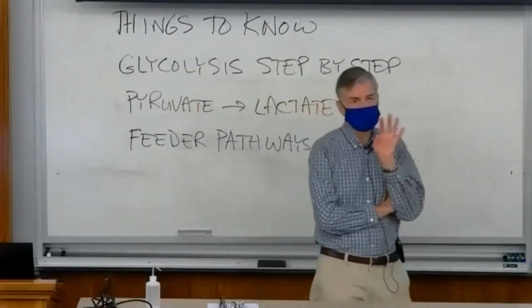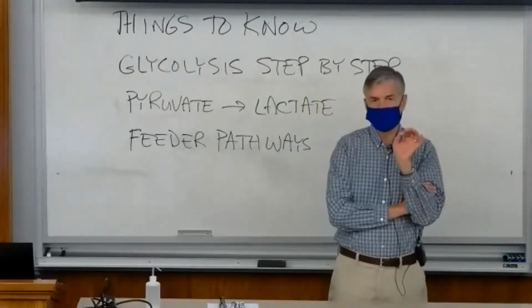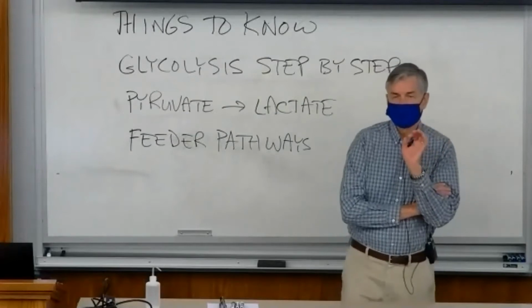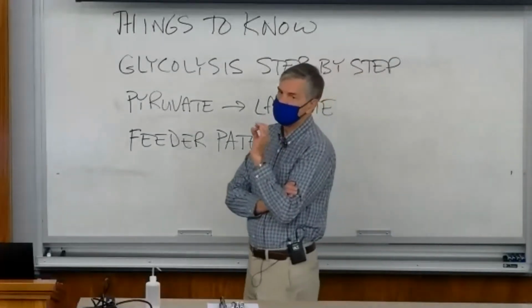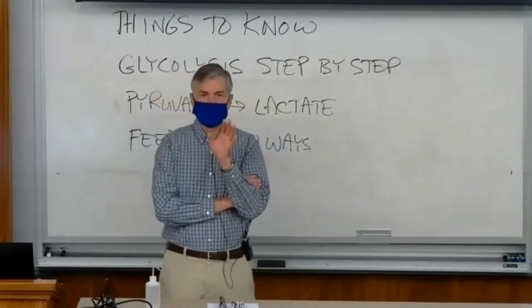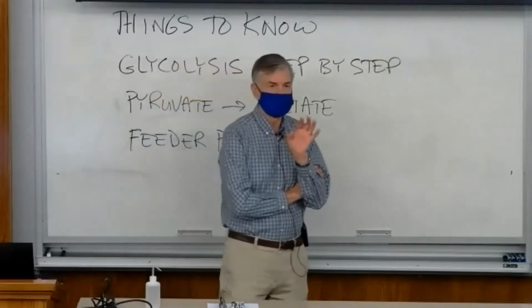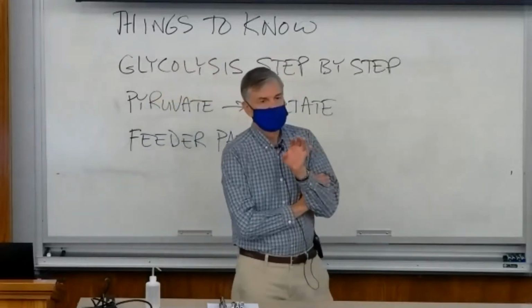The 2 products of the aldolase reaction are dihydroxyacetone phosphate and glyceraldehyde 3-phosphate. In the balance of glycolysis, only the glyceraldehyde 3-phosphate can be used.